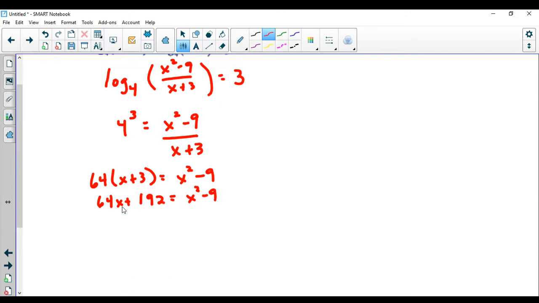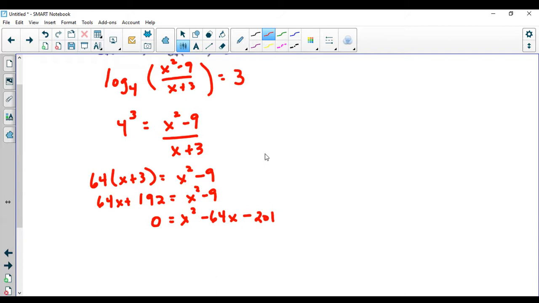All right, so this is going to eventually be a factoring problem because I have x squareds and x's. So I'm going to get everything over here by subtracting 64x, and I'll have to subtract that 192. So when I do that, I'm now going to have negative 201. All right, so now I'm going to try to factor this. I'm trying to factor where I multiply to get negative 201 and add to get negative 64.